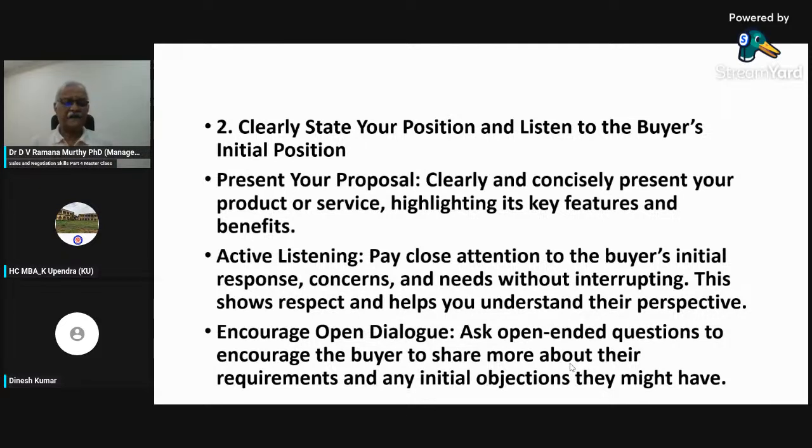Lending an ear and seriously involving yourself in active listening helps the customer to have a very clear posture for himself or herself to come to terms with you. Listening to somebody else, especially the client, is definitely showing respect, and it helps you to understand their perspective.